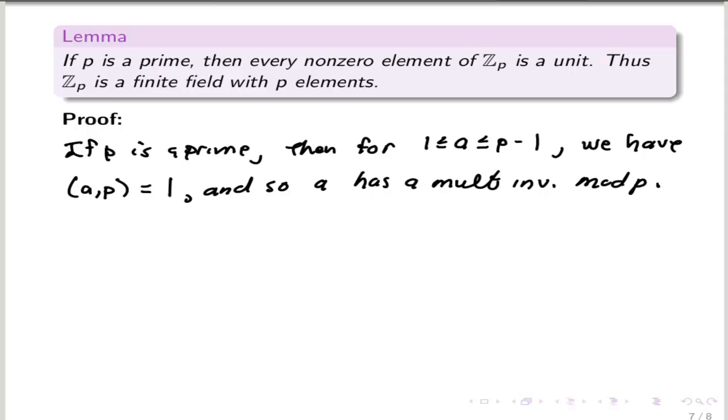And so every non-zero residue class has a multiplicative inverse. And Z_p has p elements in it altogether. 0, remember, is extra, so all non-zero elements have to have a multiplicative inverse. And that's all that's going on there.